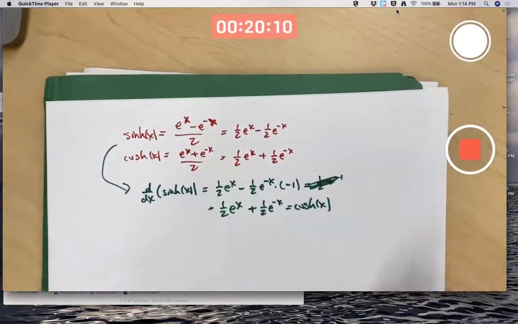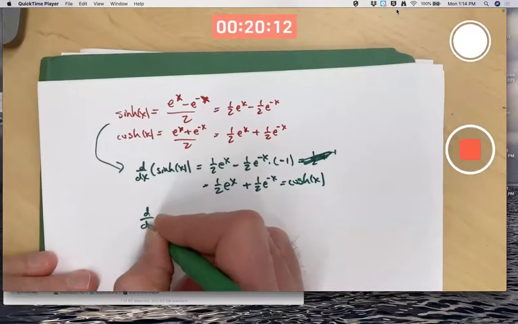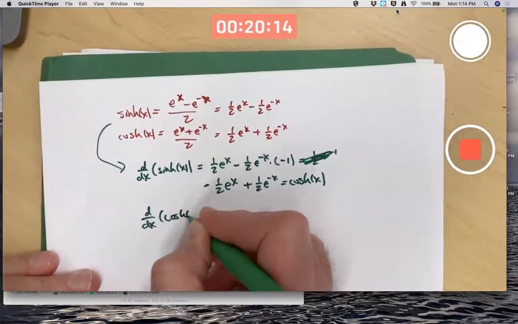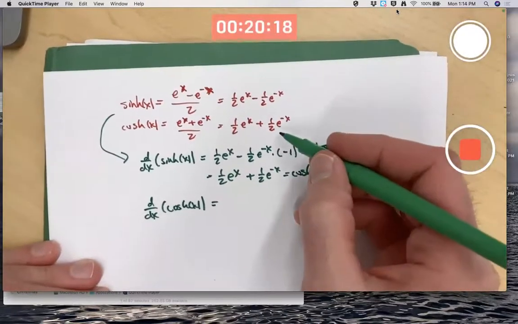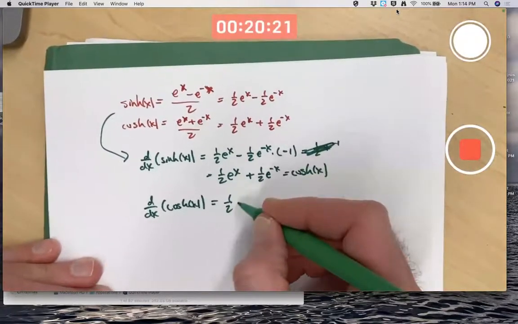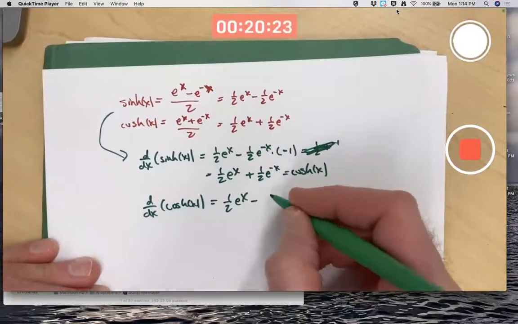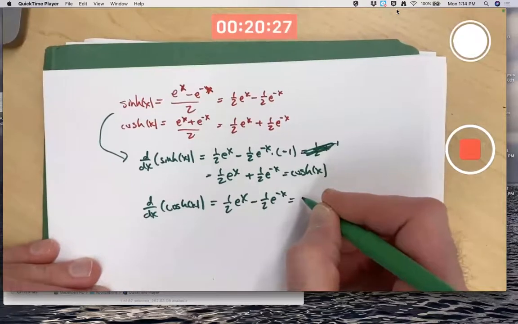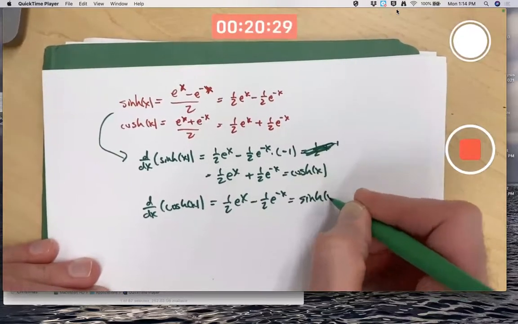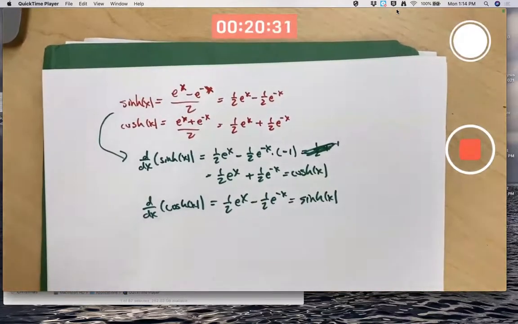Huh, weird. What about the derivative of hyperbolic cosine? Got to differentiate this thing here. Once again, I need the chain rule for the second one, and I get an extra factor of -1 again. And because of that, I get this, which is, lo and behold, hyperbolic sine. The analogy isn't perfect.